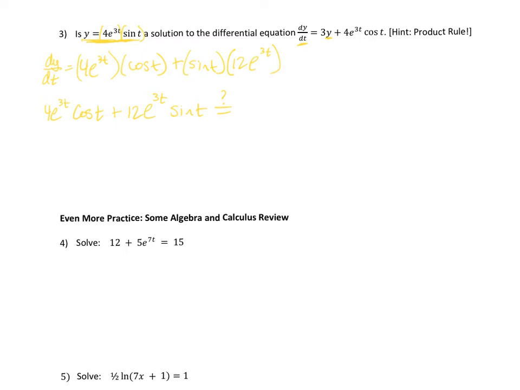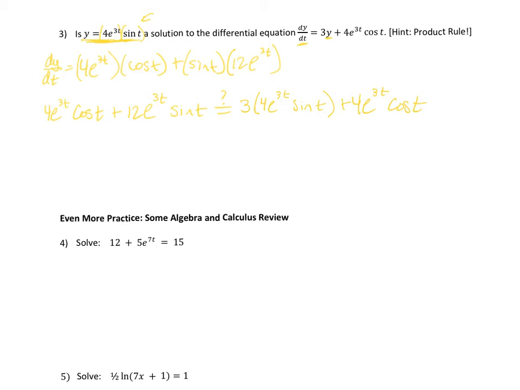Does that equal 3 times y, and y is 4e^(3t) sine t, copied from the given y, plus 4e^(3t) cosine t? So are those equal?